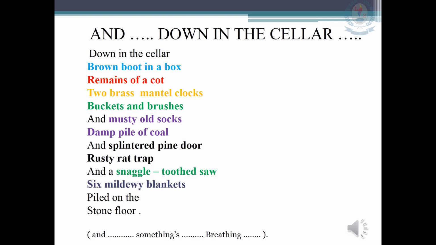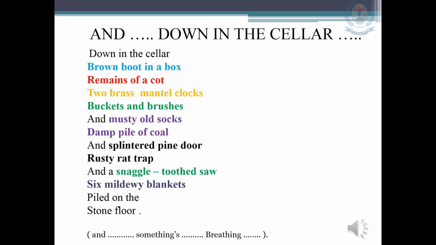So my dear children, today we learnt about concrete poems, and the poems Up in the Attic and Down in the Cellar are examples of concrete poetry. And we learned what a concrete poem is, right? It is a shape poem, right? And the subject is already matching with the lines in the poem, right?